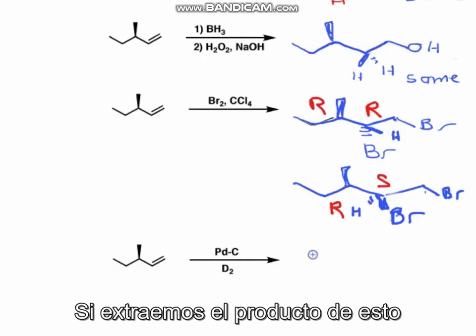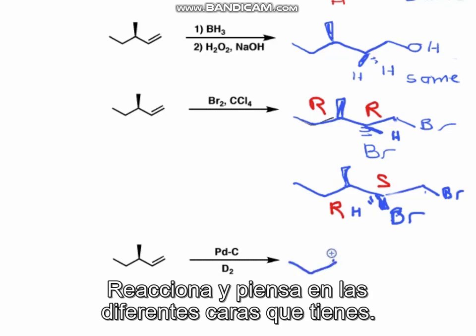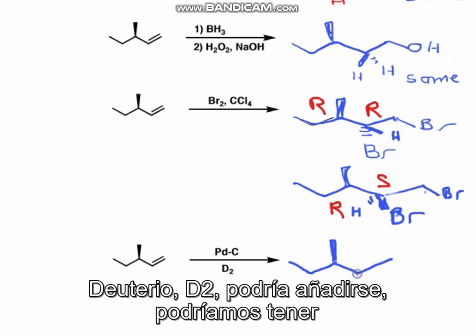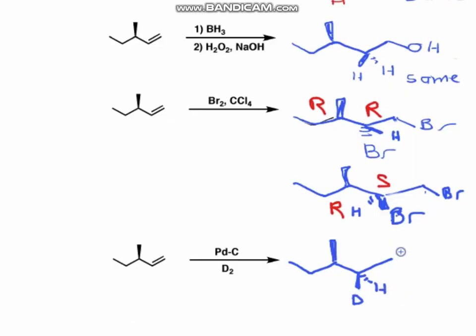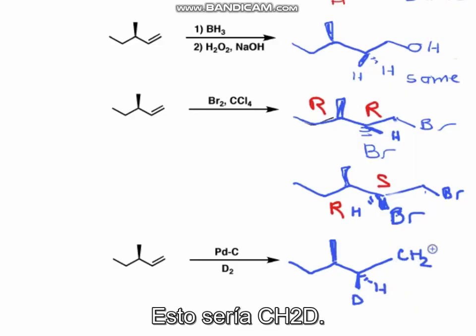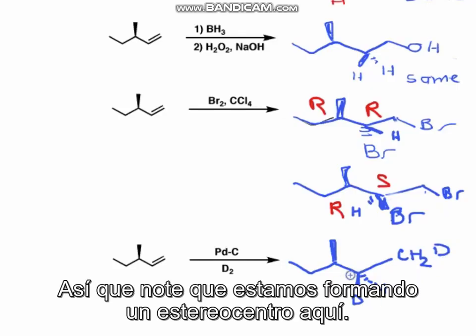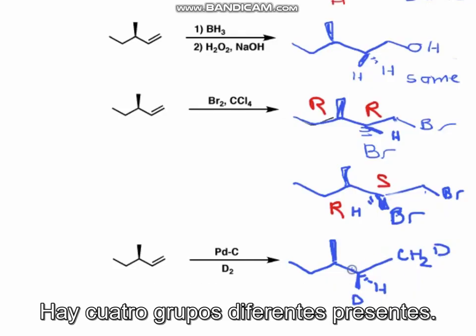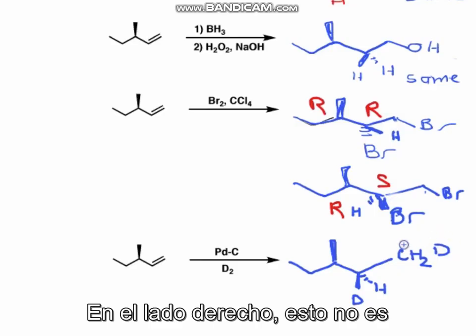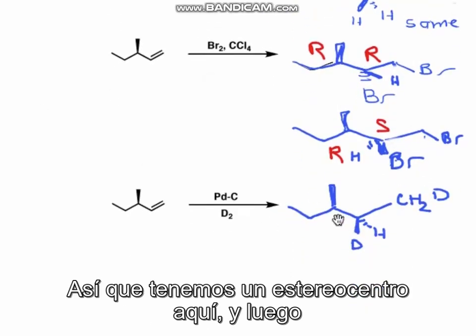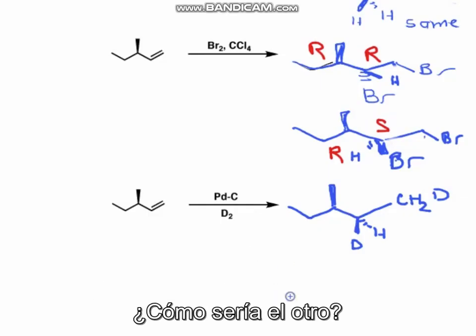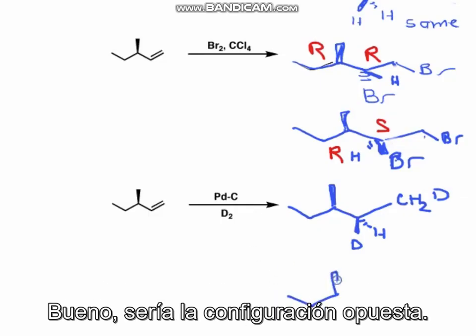Okay, now let's look at this last example here with palladium on carbon and deuterium. If we draw the product out of this reaction and think about the different faces that deuterium, D2, could add to, we could have a wedged deuterium and a dashed hydrogen. This would be CH2D. Notice we're forming a stereocenter here. It's got 4 different groups present. On the right-hand side, this is not a stereocenter. What would the other one look like? It would be the opposite configuration at that carbon.